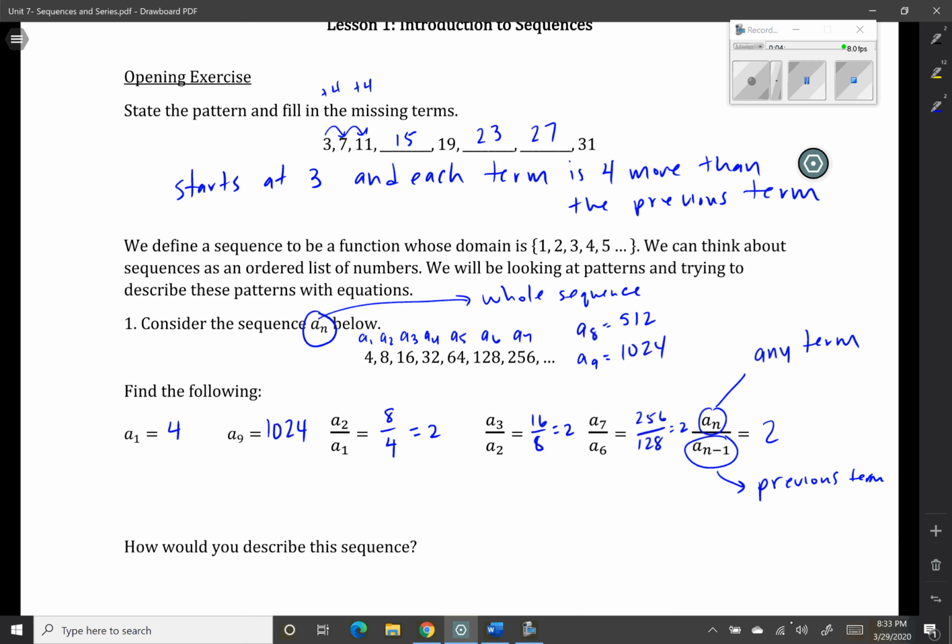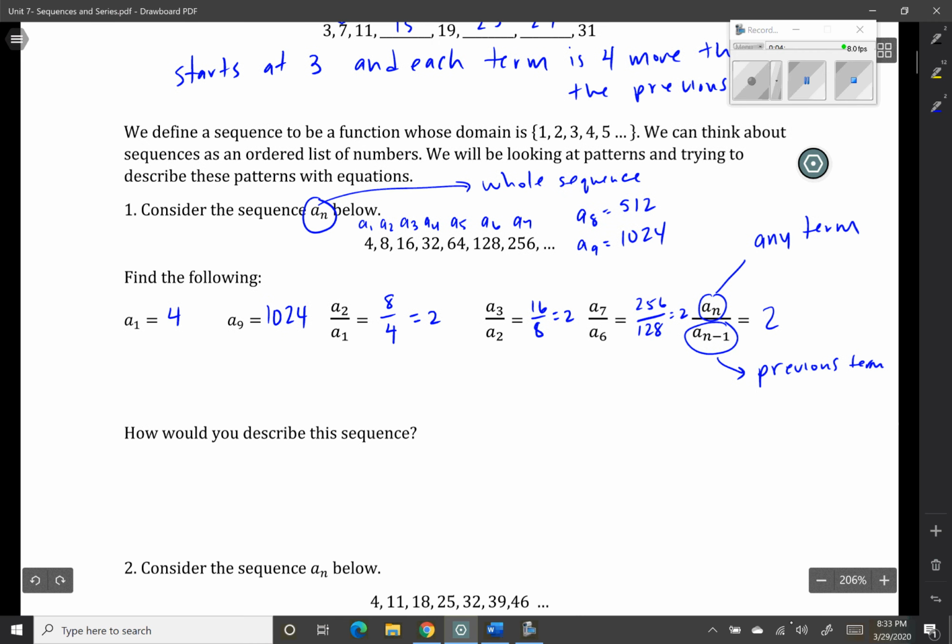So we know that that ratio is going to wind up being 2. So if we wanted to describe this sequence, we'd say it starts at 4, and each term is twice the previous term.